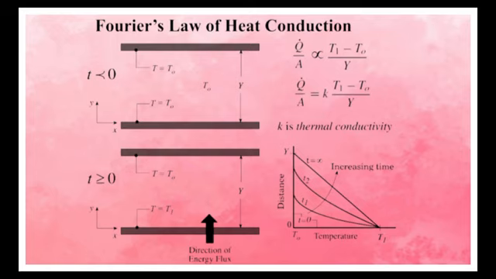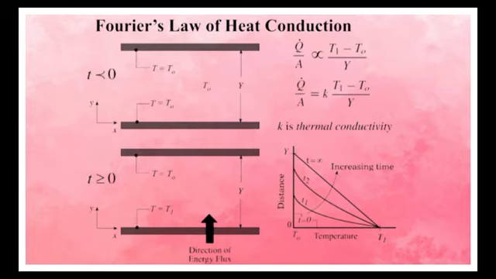Metals have high thermal conductivity, meaning a greater value of k, whereas rubber has low thermal conductivity, meaning a lower value of k. That is why rubber and wood are insulators, because heat conduction is negligible in wood and rubber, whereas it is easy in metals because of their higher thermal conductivity.